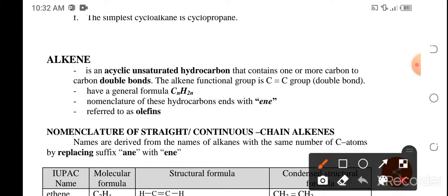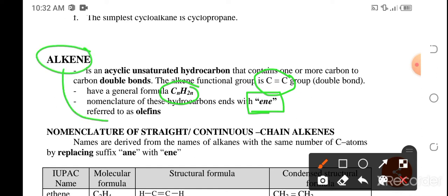This alkene or this group will have a general formula of CnH2n, wherein n represents the number of carbon atoms. The nomenclature of these organic compounds ends with ENE to denote that there is the presence of carbon to carbon double bond. Alkene is also known as olefins.